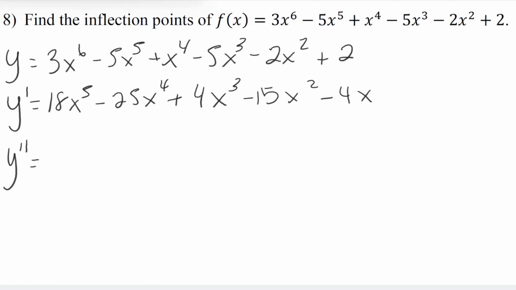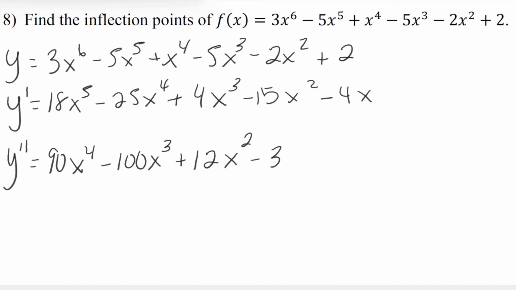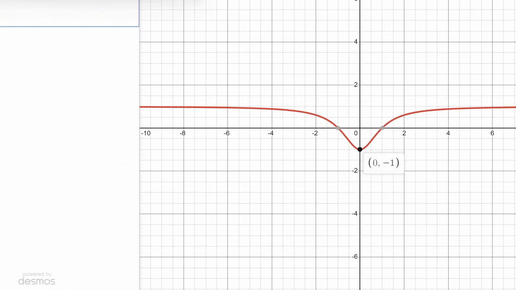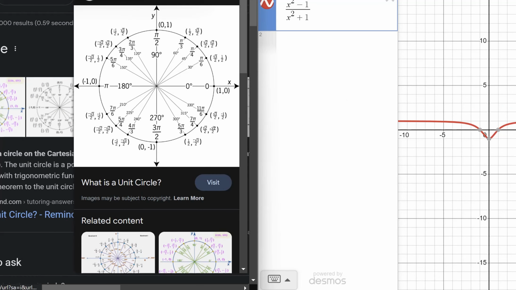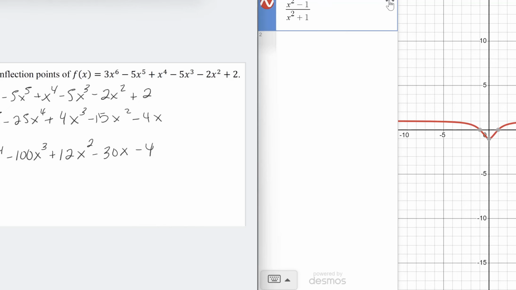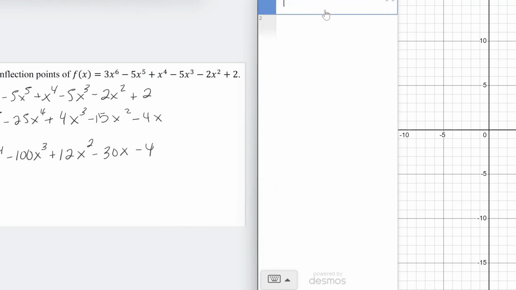Second derivative: 90x to the 4th minus 100x to the 3rd plus 12x squared minus 30x minus 4. Yep, just as messy as I expected. It's fine. Graph it on Desmos, because it's not going to be easy to factor.